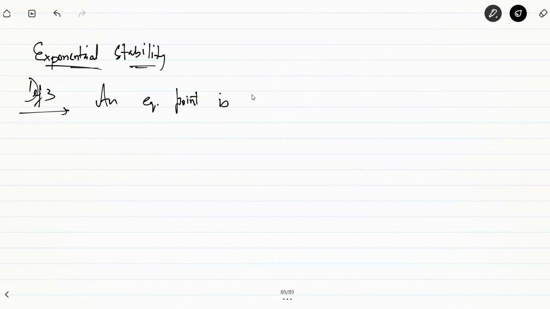So an equilibrium point is said to be exponentially stable. Fine. In the case of nonlinear systems, we talk about the stability of the equilibrium point. We do not talk about the stability of the system.